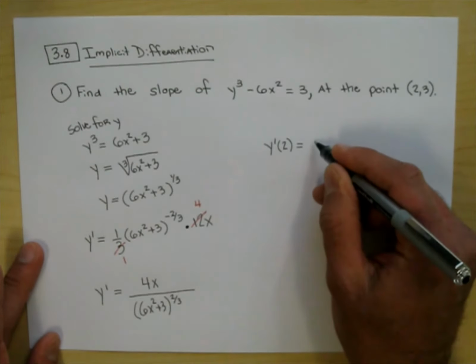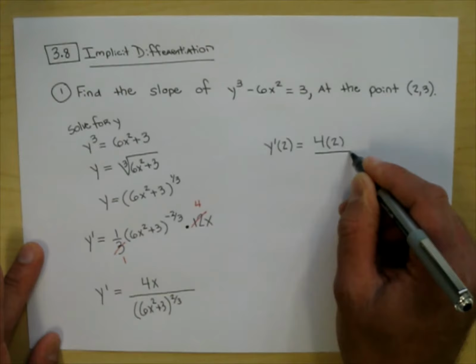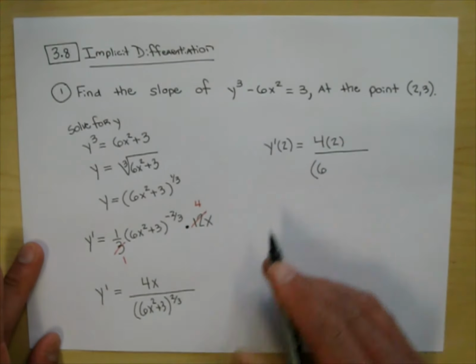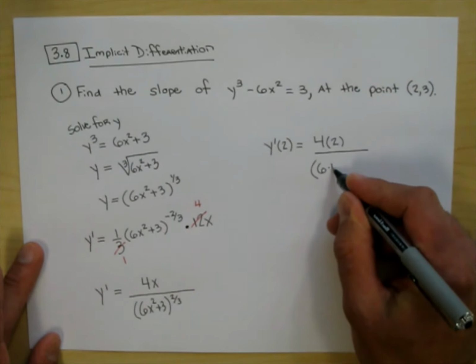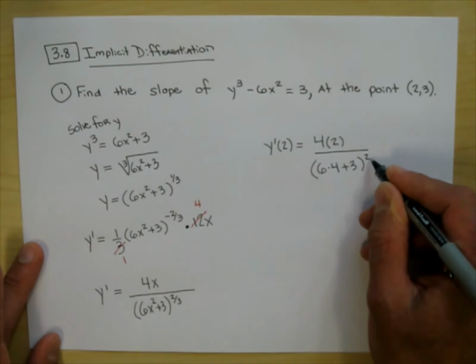So let's see what we get. We get 4 times 2, all over (6 times 2 squared, which is 4, plus 3) to the 2/3 power.